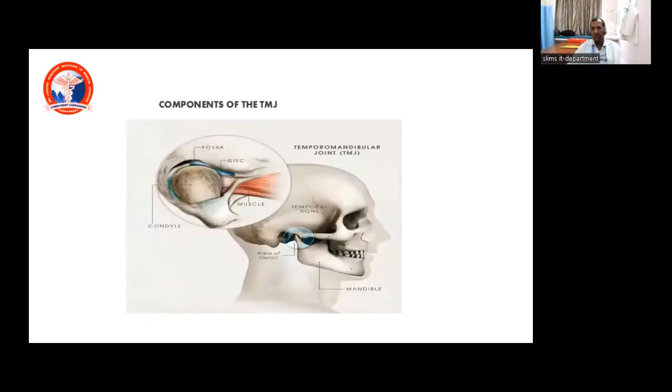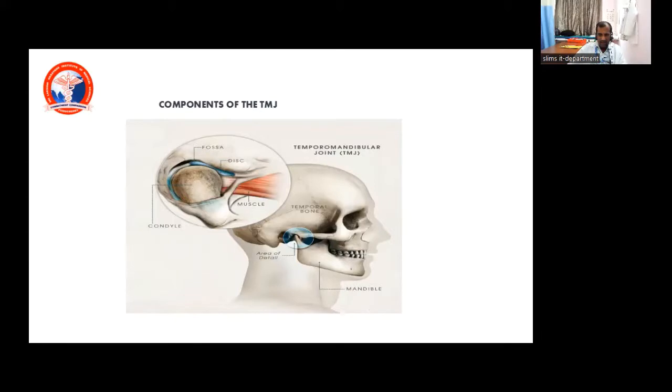Now, before going into this topic regarding internal derangement, I would like to specify the components that are involved in this process. As you all know, the temporomandibular joint is a bilateral ginglymoarthrodial joint, comprising the condylar head of the mandible, the temporal fossa, and the disc.